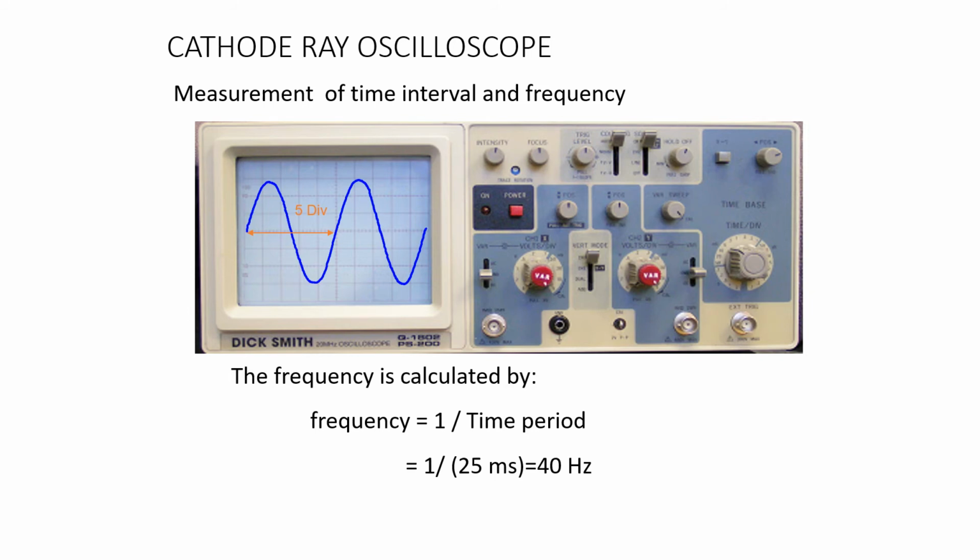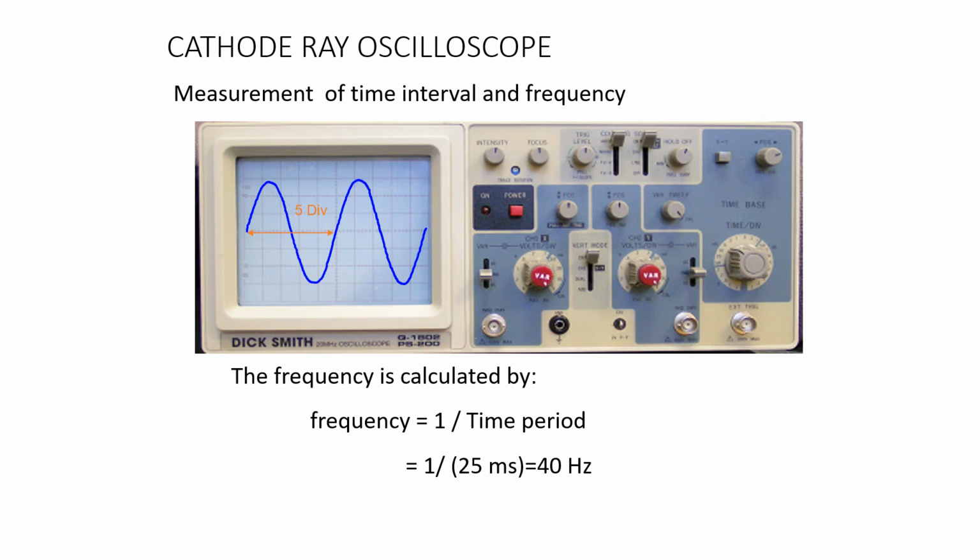So, now we have seen if you apply an AC signal to measure the amplitude, you have to check the volts per division control, in which position it is. So volts per division control into number of vertical divisions for one complete cycle from peak to peak.